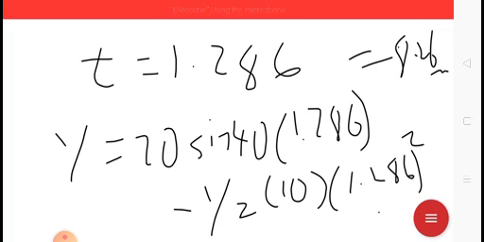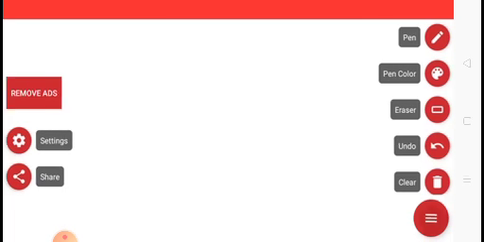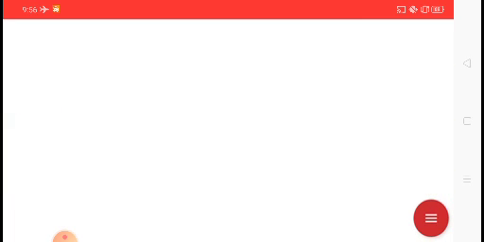For question C, what is the range of the ball? Range means the total horizontal distance traveled, from the starting point to the end point. Okay, so as you know, this is a projectile motion like that.